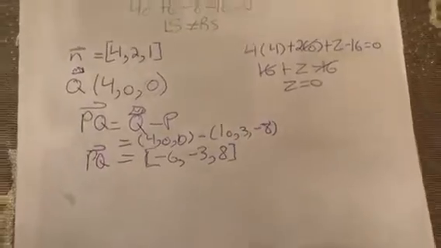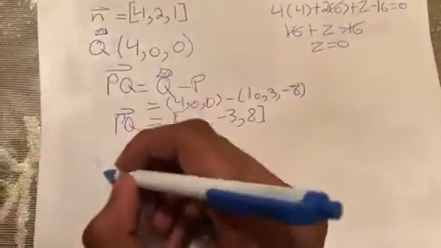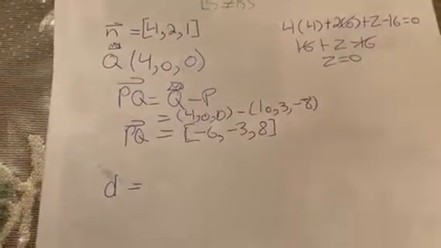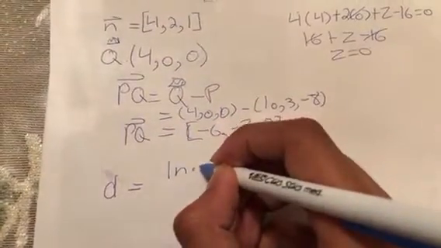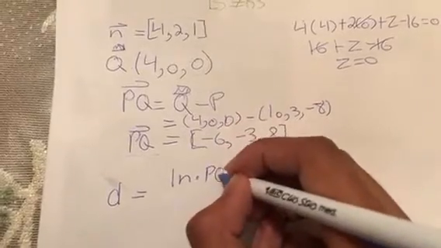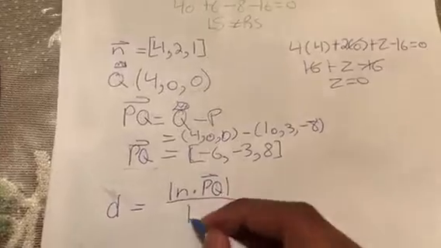And now that we know the PQ vector, I'm going to be introducing a new equation. So D, which represents the distance from a point to a plane, is represented as the absolute value of n dot PQ, over the absolute value of n.